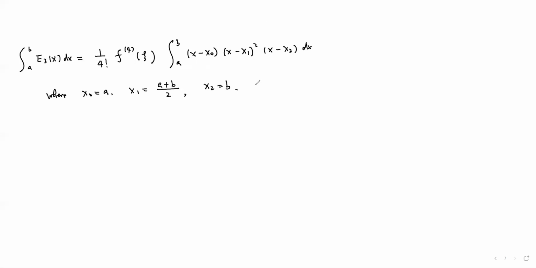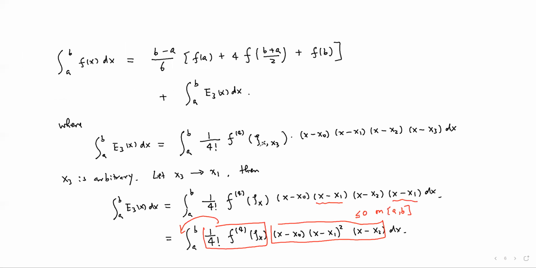Now compute this integral. We have the sign in AB, sign x, in the sign of x3. Here, this is in the open interval AB. But when I take the limit, this sign is possibly one of the endpoints.